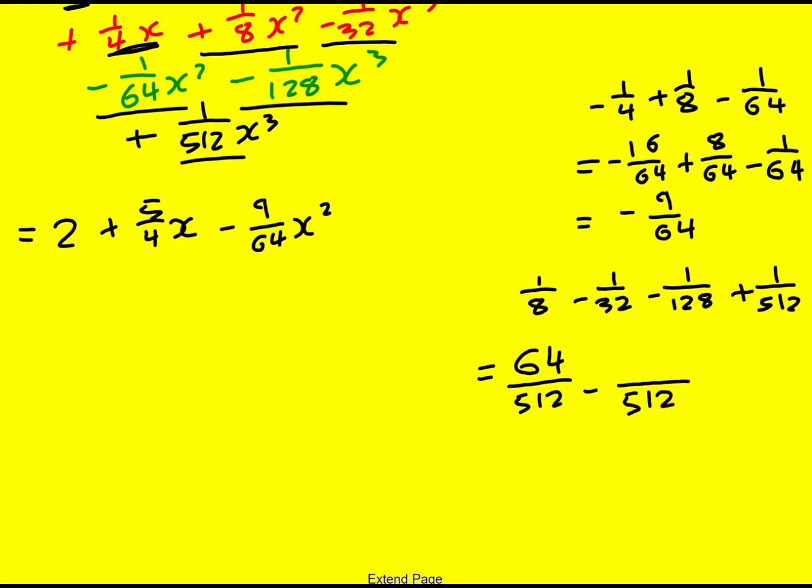I'm just trying to think, what do I times by? Yeah, it's going to be 16. And this one is minus 4 over 512 plus 1 over 512. That is going to give 64 minus 20, so 44. Then add on 1, 45. Okay, that is correct.